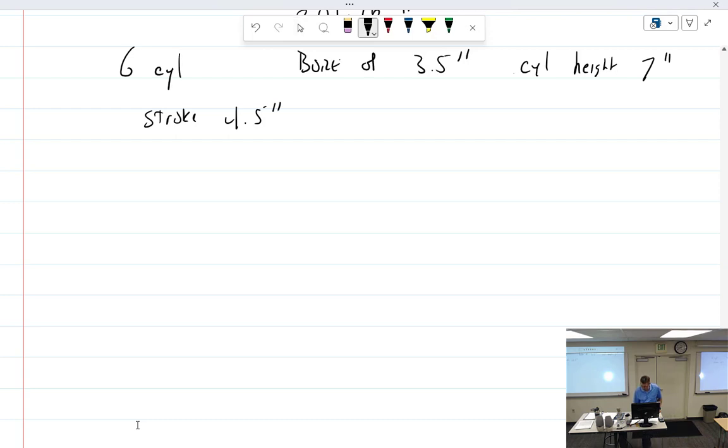We'll have a total piston displacement of, what is my displacement? See if you can get that one. I will work silently.